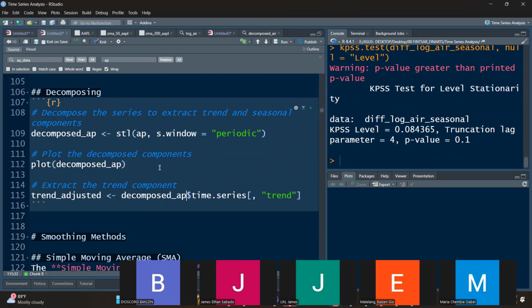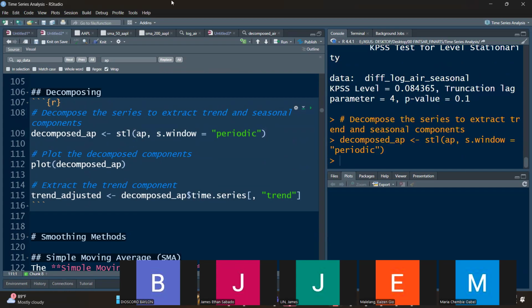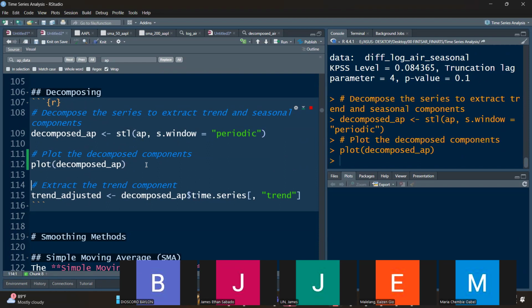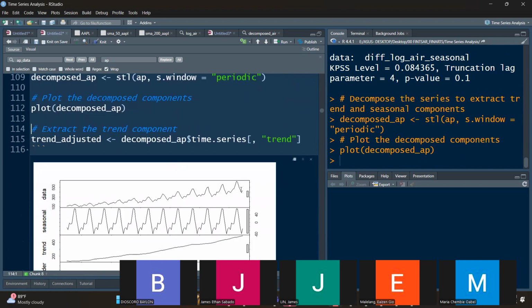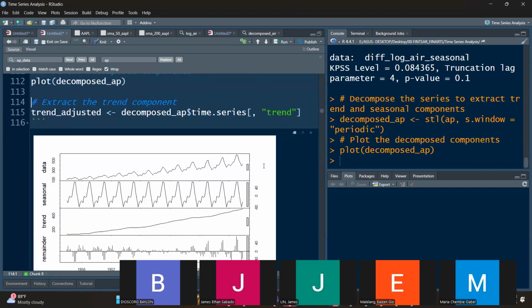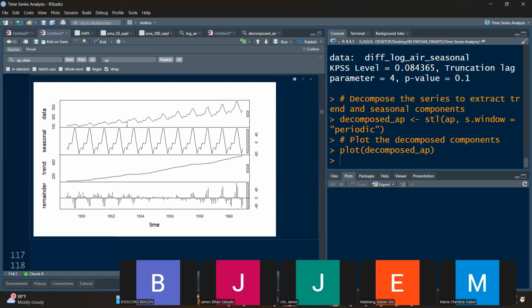All right. So let's first decompose. When you say decompose, it will split your data into the trend and the seasonality. Let's plot this. This is your original data. This is your seasonality, this is your trend, and this is your irregular component.